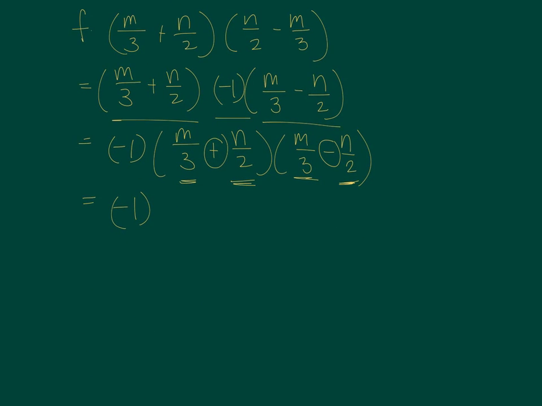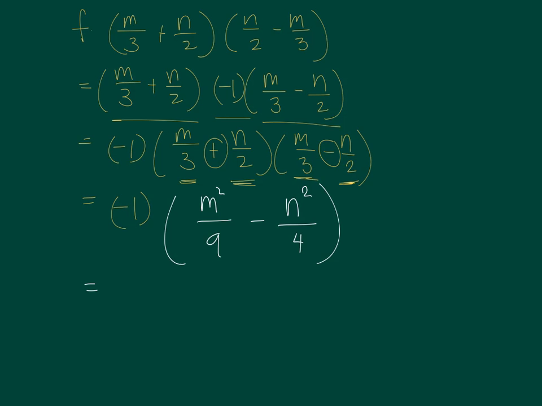So to simplify this, negative 1 will remain as negative 1, and then m over 3 plus n over 2 times m over 3 minus n over 2 will just be the square of m over 3, so m squared over 9, minus the square of n over 2, which is n squared over 4.